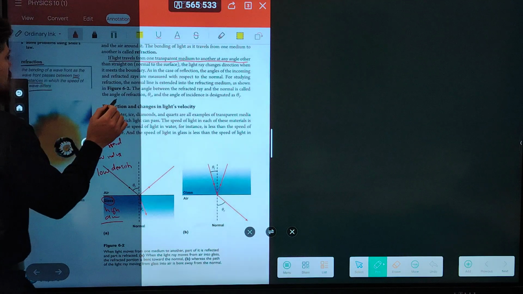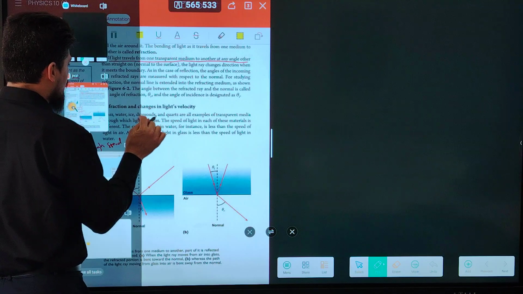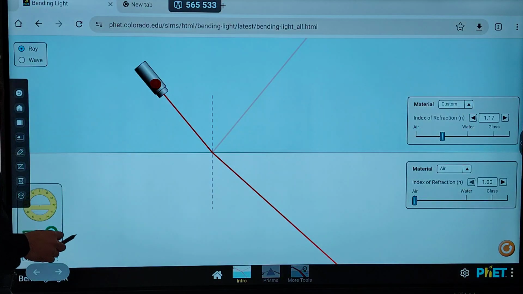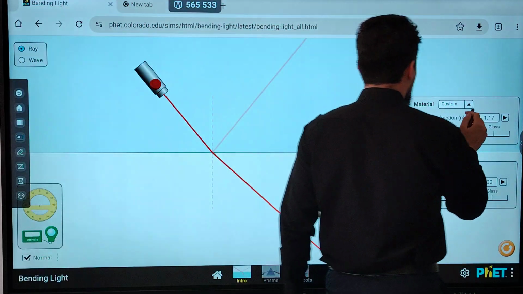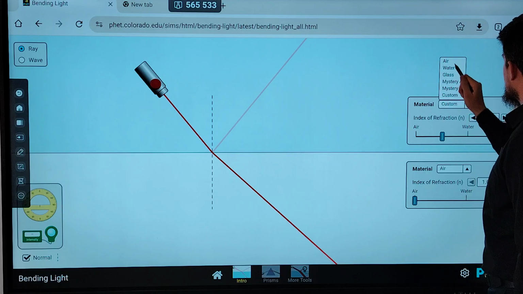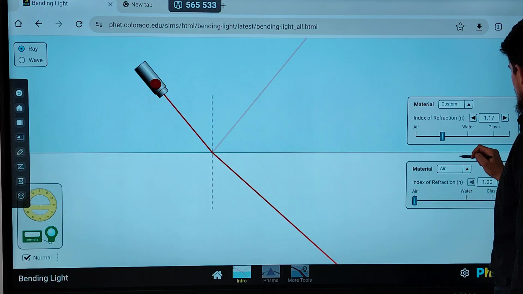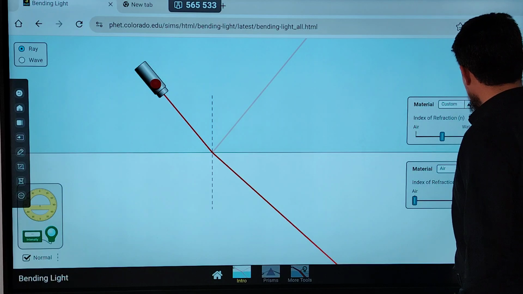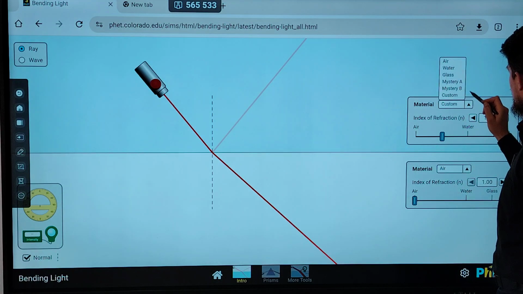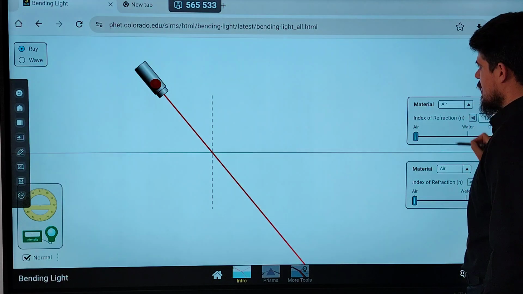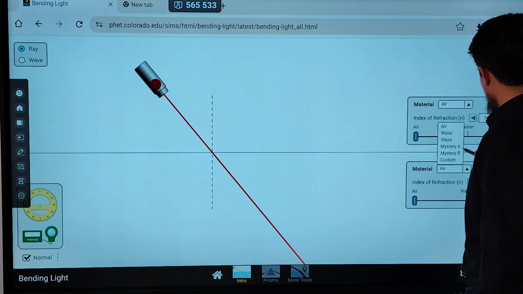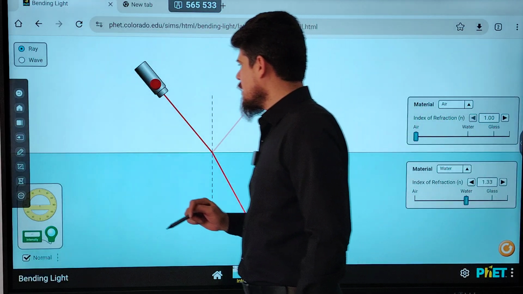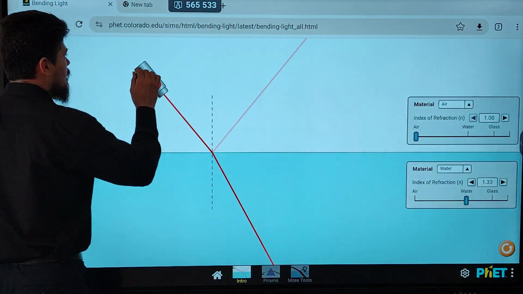guys, I forgot to tell you when refraction does not occur, even in the presence of two different substances. Look here. Assume that this is air and the second one is water. At which angle does the light not refract?